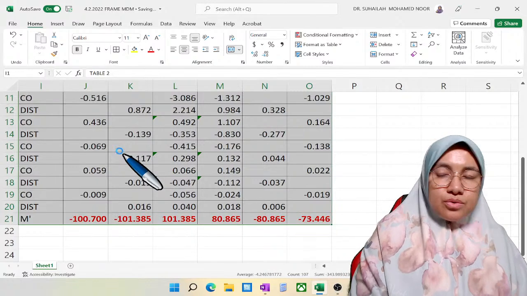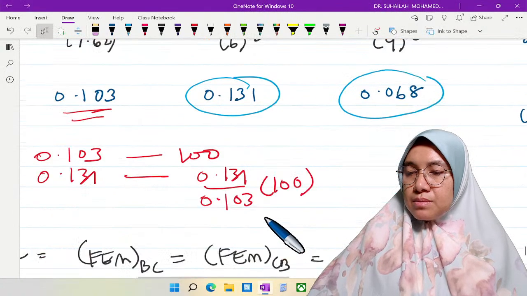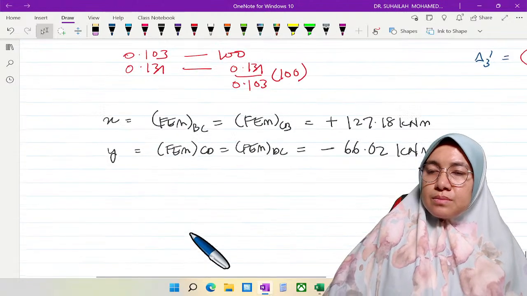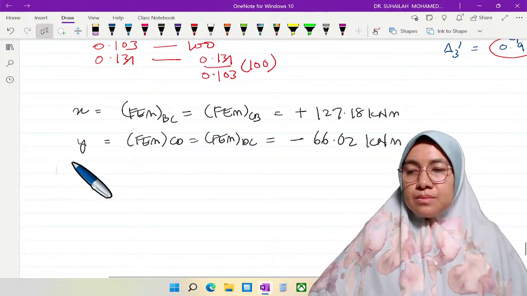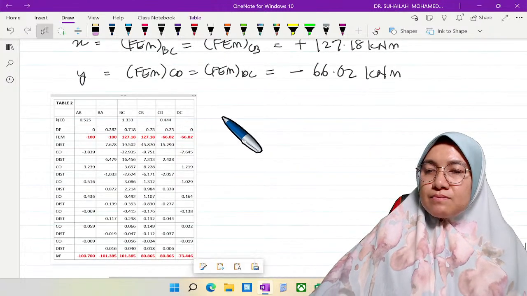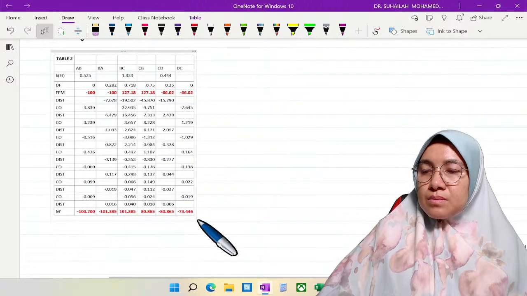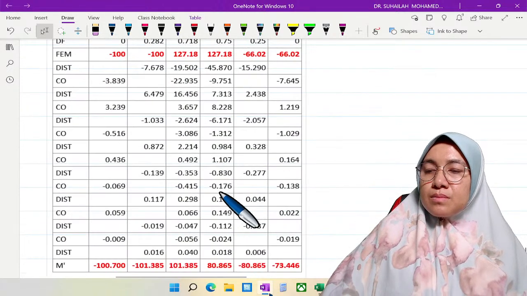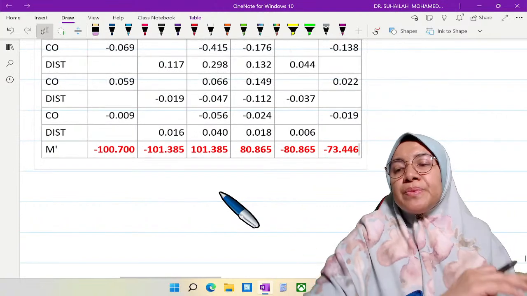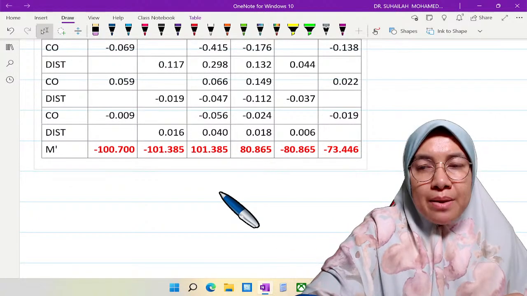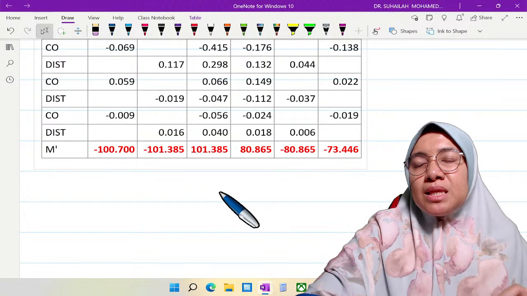Control C. So I paste here. So all these values are actually M prime. So we have 6 values, just like table 1 has 6 values, starting from AB until DC.